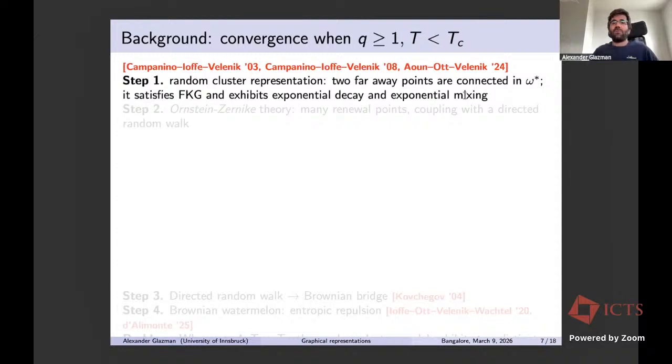This was proven originally. So when you have random, let's say Potts model, t below tc, in fact any q you can take. Then the work of Campanino and Velenik in 2008 proved that the interface between different colors, say blue and yellow, will converge to the Brownian bridge.